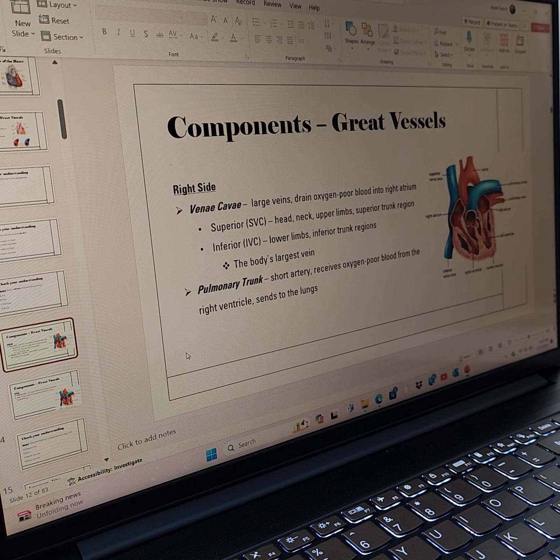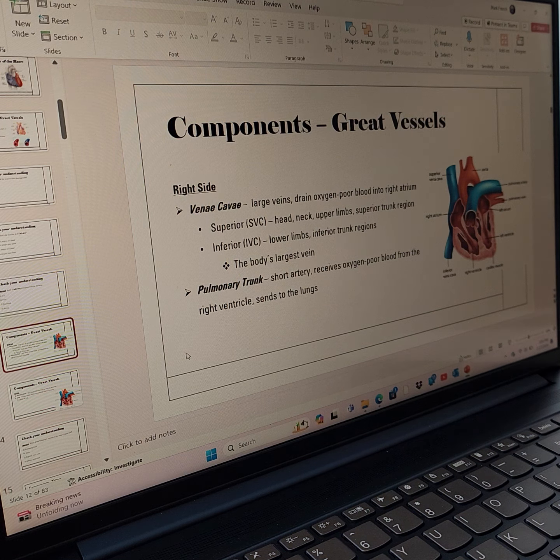We're going to continue to go through the specific functions of the great vessels. So on the right side, vena cava, the large veins, they drain oxygen-poor blood into the right atrium. Superior vena cava, head, neck, upper limbs, superior trunk region.